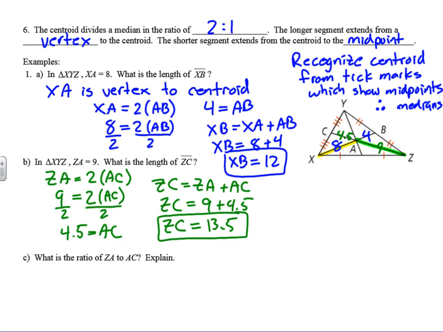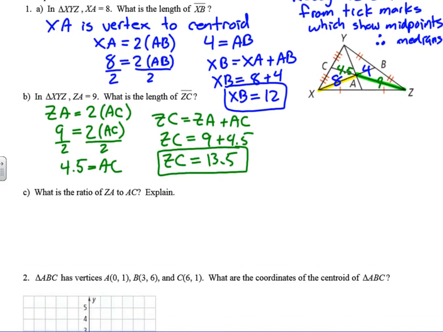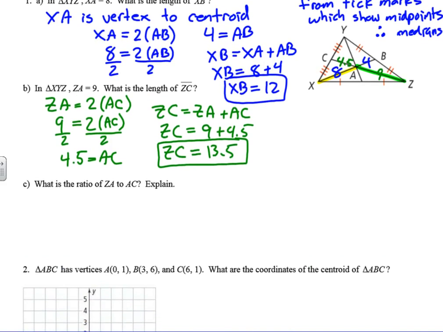So what is the ratio of ZA to AC? Well, ZA is the longer side and AC is the shorter side, so it is 2 to 1. Because if we take 9 and divide it by 4.5, if you just take the lengths, that equals 2 over 1.